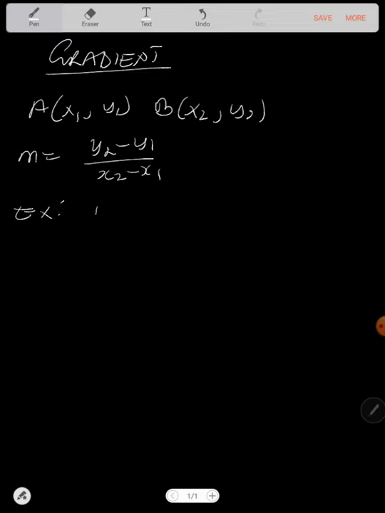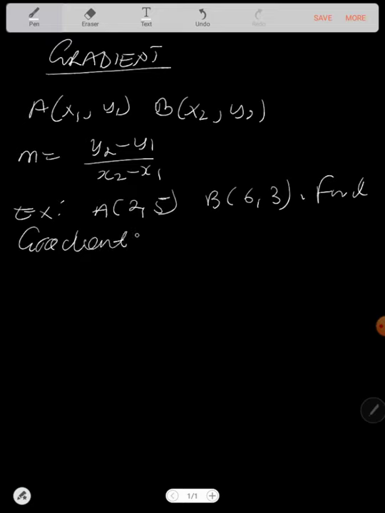If we give an example, let's say A is equal to (2, 5) and B is equal to (6, 3). Find the gradient. So gradient is equal to y2 minus y1 over x2 minus x1.